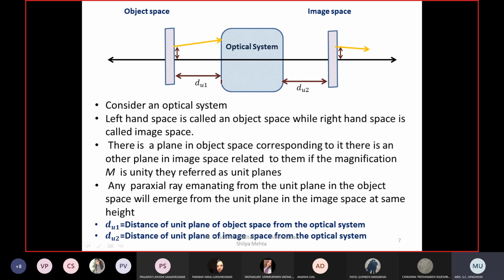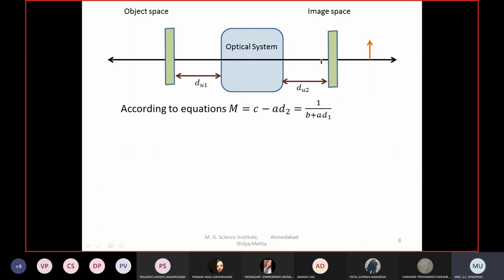Let us assume that the distance of the unit plane of object space from the optical system is du1, and the distance of the unit plane of image space from the optical system is du2. So du1 and du2 are the positions of the two unit planes, one in object space and the other in image space.